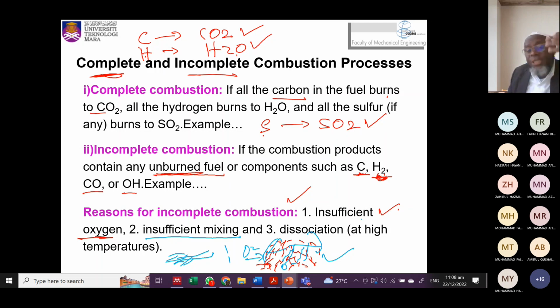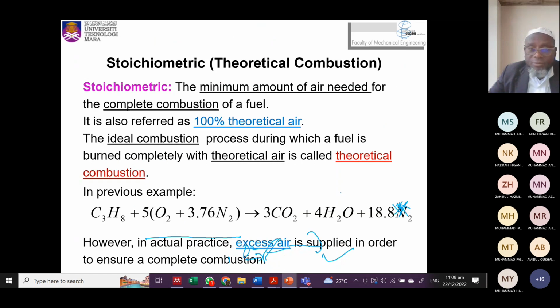You understand me? Dissociation means that it will react to form a different component instead. So that's the concept. These are the three primary conditions which cause incomplete combustion. Take note of this slide. It's very, very important.